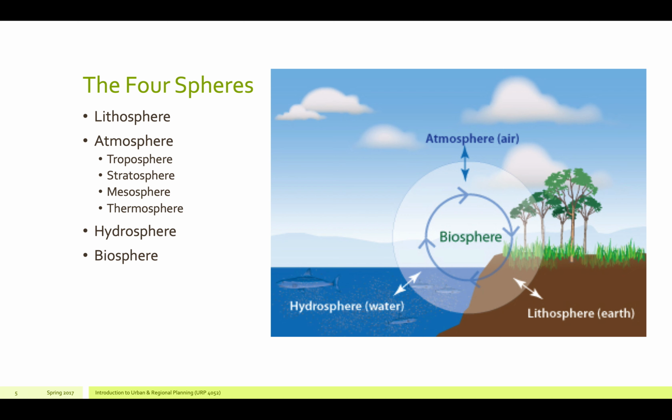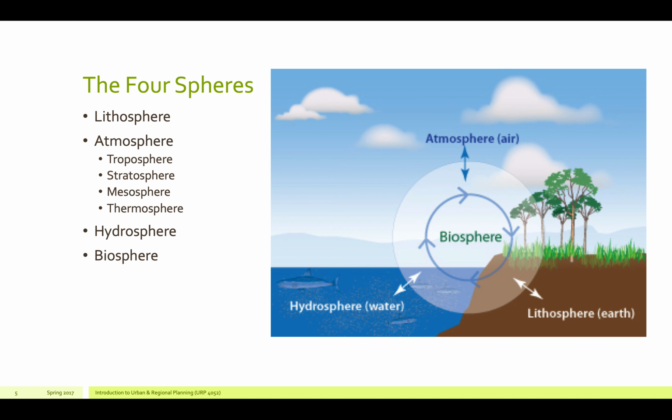Now, the lithosphere, litho meaning stone, is the area, of course, of the Earth, which is the rocky crust that covers the planet. Now, the atmosphere, meaning air, is the body of air that surrounds our planet. A lot of you probably remember this from perhaps geology, or if you've taken any type of geomorphology or something like that, you probably have talked about these.